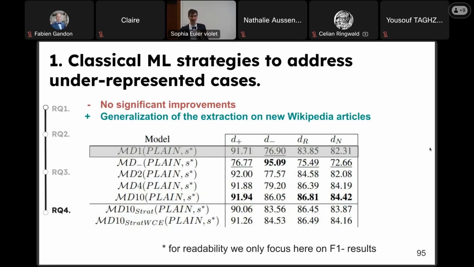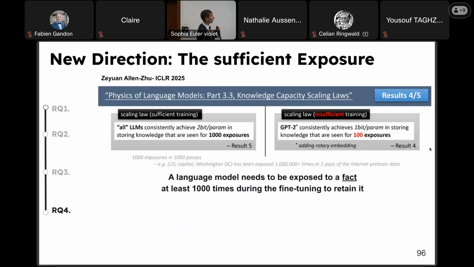So, as we don't have any solution and we didn't solve our problem related to rare properties, we now turn to a more recent theoretical insight that was proposed by Alan Su at ICLR 2025.